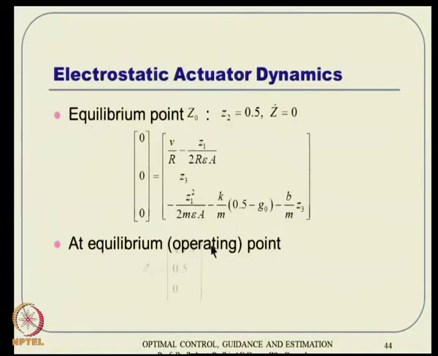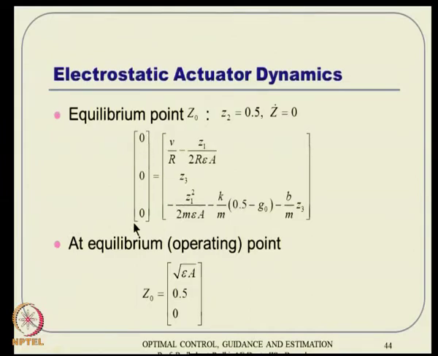So that is what you put. Make sure that at the equilibrium point Z dot is 0, which means all the derivatives would be 0 actually. And this Z2 is 0.5, that is the desired value that we have. So, we put 0.5 here.